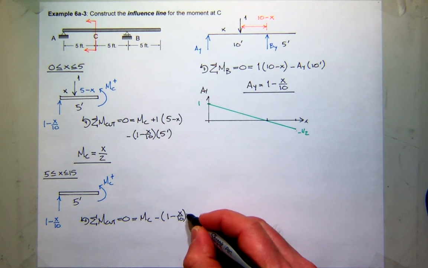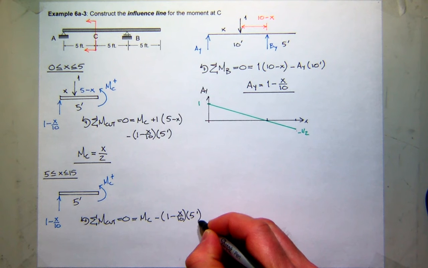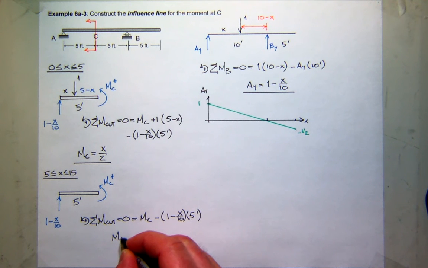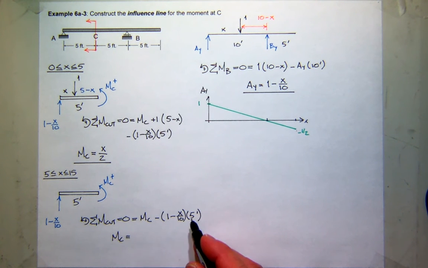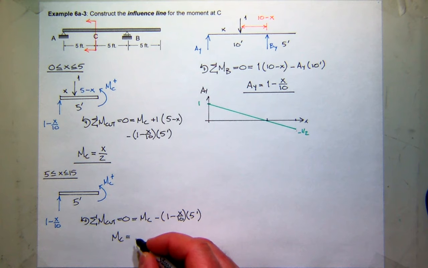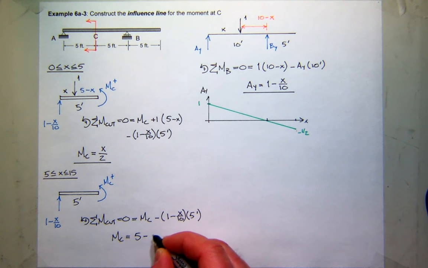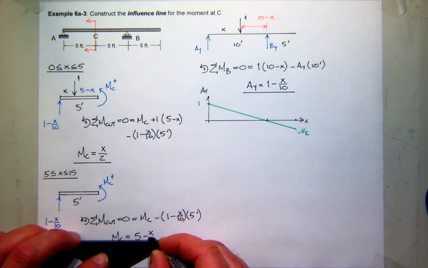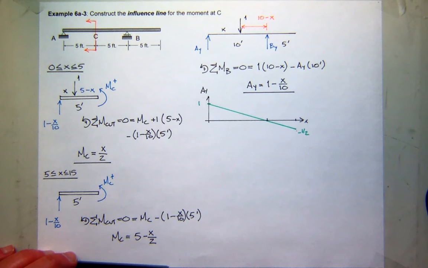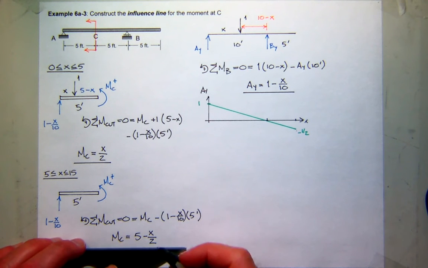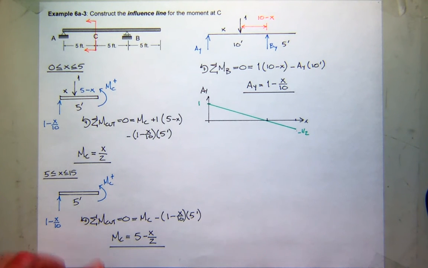And what's the distance? 5 feet. So when you solve for the moment at C, it looks like you get (5 minus x) over 2. So now we just need to plot those.